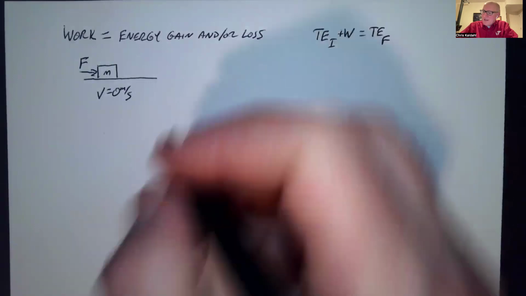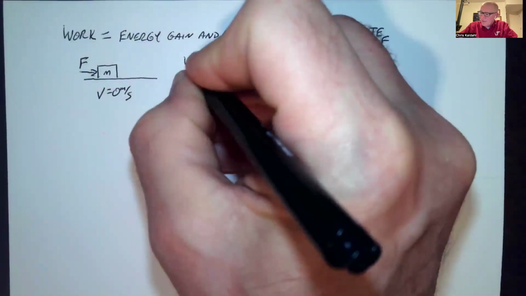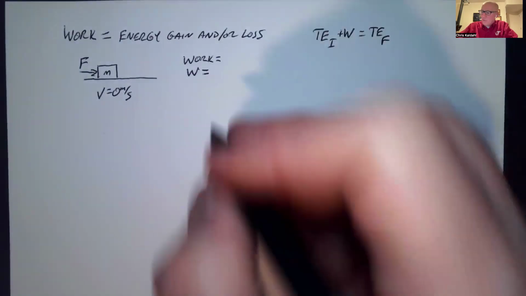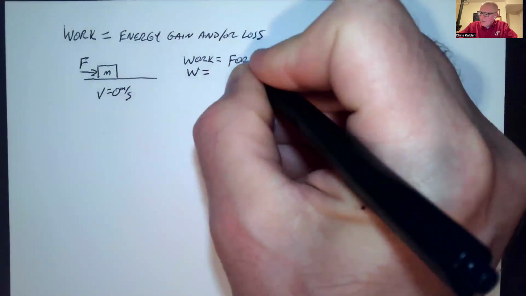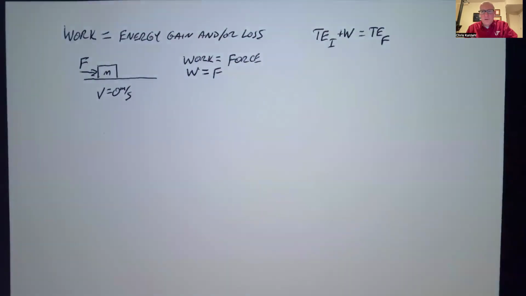And so it might make sense that if we're talking about how much work is being done, so again, W is for work, the size of the force is going to matter. So we know that we would have to have a force helping us determine how much work is being done. And then there's one other thing that might matter, because a bigger force would give more energy and less force would give less energy.